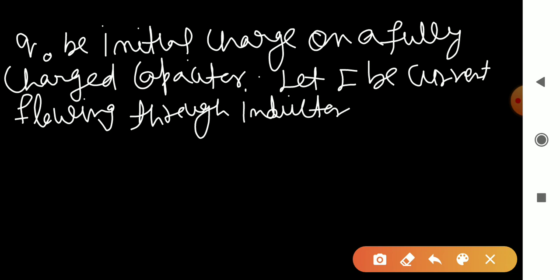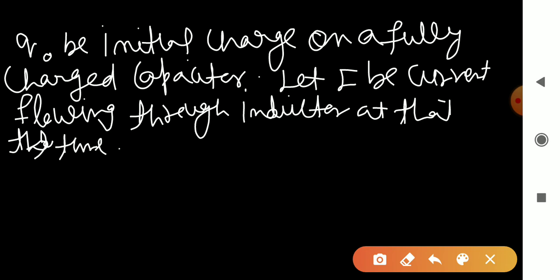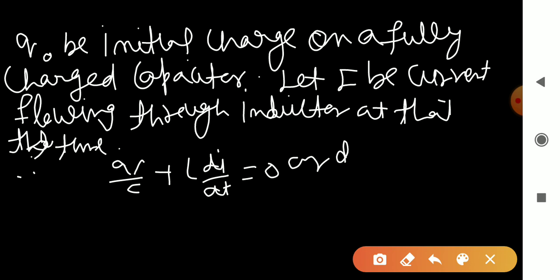So at that time, right? Q upon C plus L di over dt equal to 0, or we can write di over dt equal to minus 1 upon LC into Q, right?